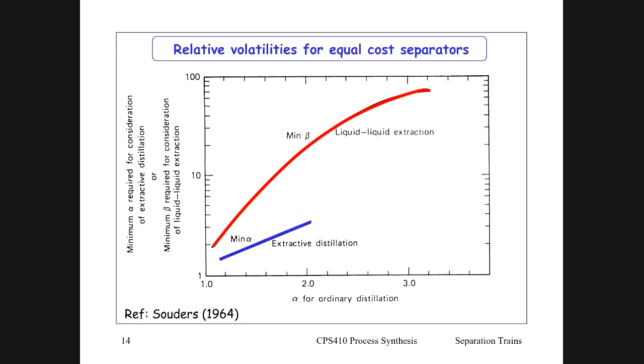In the last lecture, we stopped on this slide, which says: what are the relative volatilities for equal cost separators.